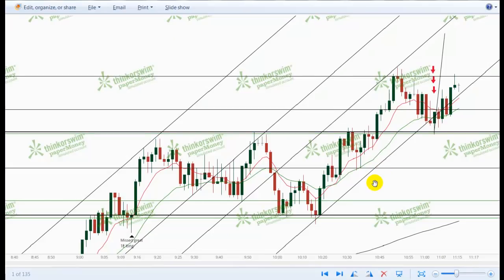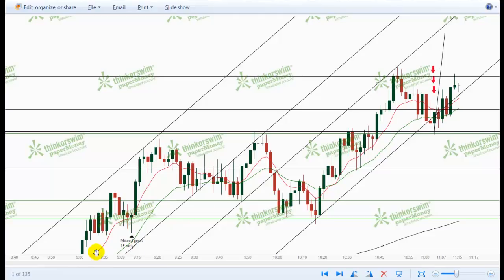Okay, the other thing I wanted to show you was, here's actually somebody sent me their Thinkorswim chart, and I wouldn't pay attention to these trend lines or these support and resistance lines. They may or may not be right, but I just wanted to show you how much different his chart looks than mine.